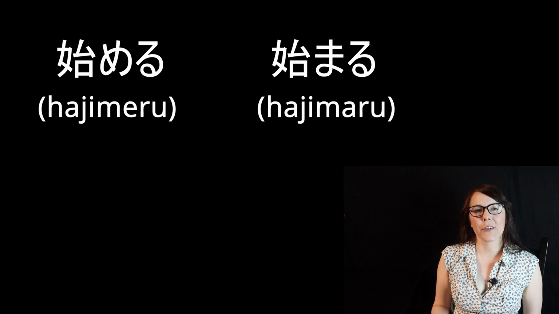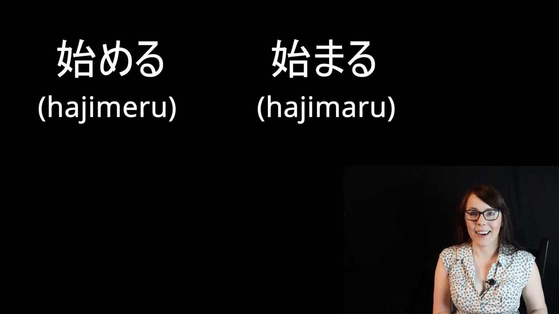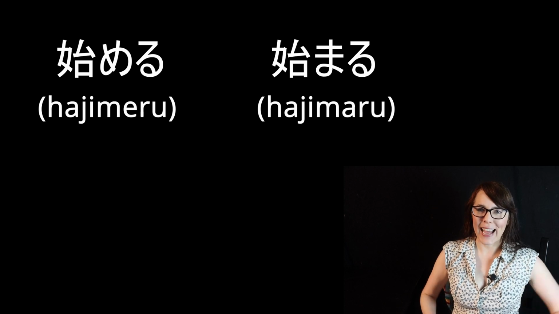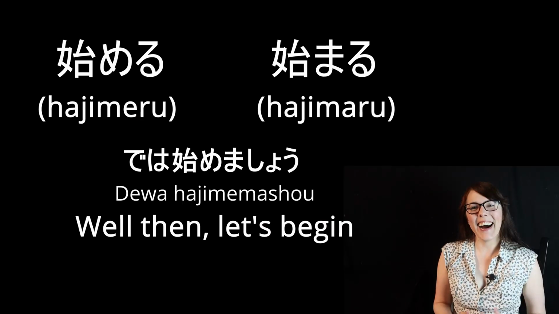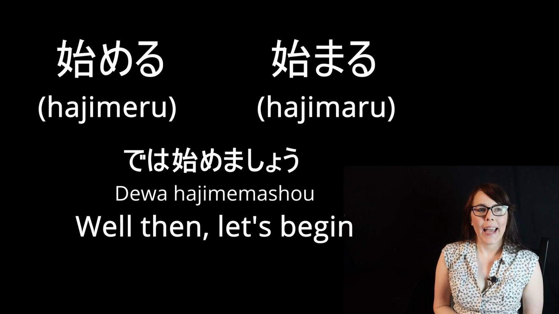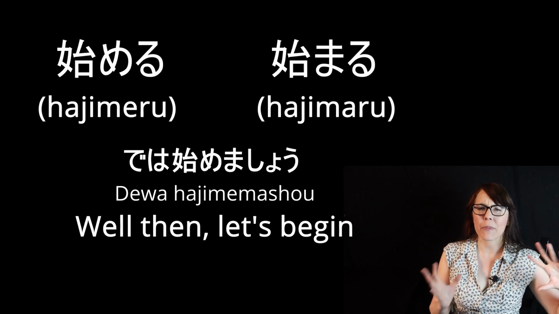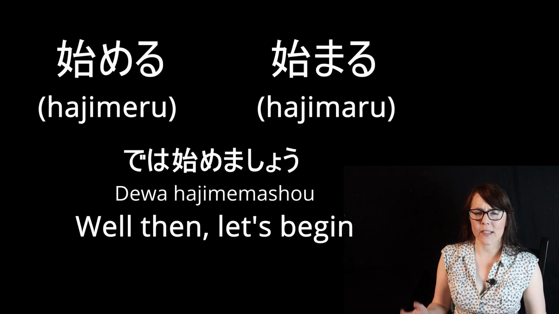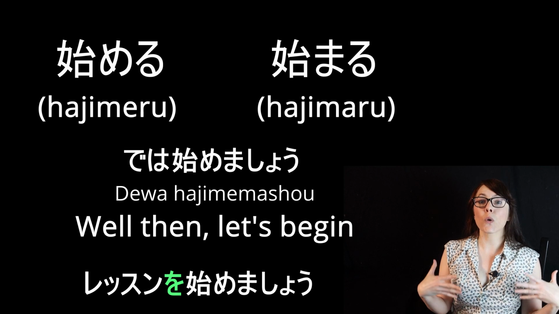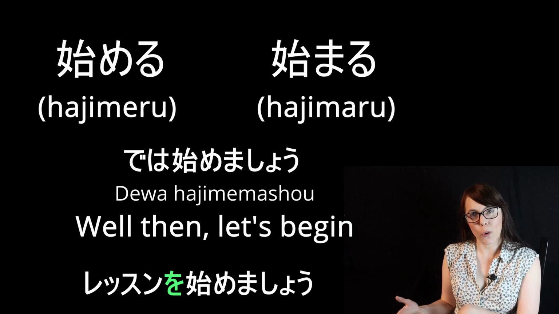If you've been following this series since Genki 1, Japanese for beginners, I used to begin all those videos with my little catchphrase, では始めましょう. It's hajimemashou, hajimeru. And even though there's no subject or object in that sentence, it's like let's begin. Let's begin what? Let's begin the lesson. Lesson wo hajimemashou.